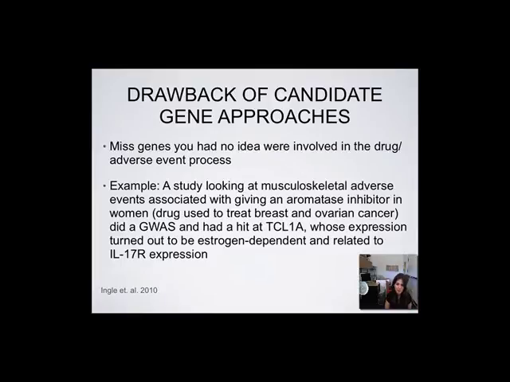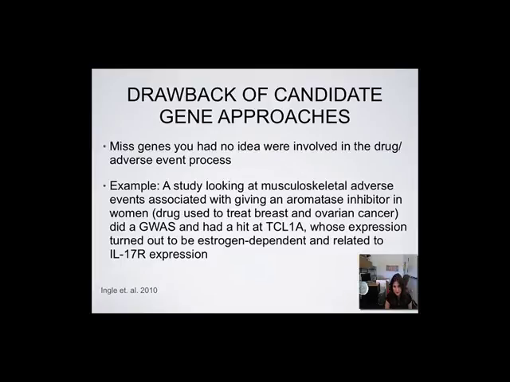An example of this was a study looking at musculoskeletal adverse events associated with giving an aromatase inhibitor in women. So aromatase inhibitors are given to treat breast and ovarian cancer, and there were adverse events in the musculoskeletal system. And when Engel et al. did a study on this, they found a hit, TCL1A, and when they did further characterization, they found that its expression was estrogen dependent.